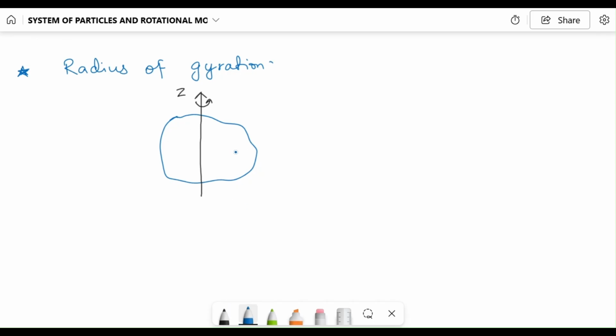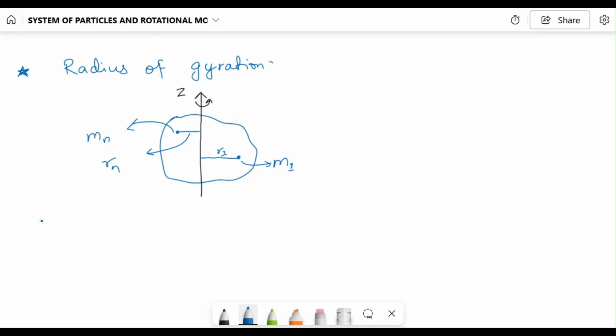Let's say here we have m1, m2, and up to mn. This is the particle having mass mn, this is the particle having mass m1, and all other particles are inside this body. This is at a distance of rn from the axis of rotation. This is the perpendicular distance, and this is r1, and all other particles are similar.